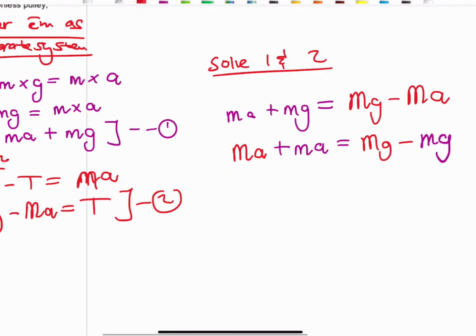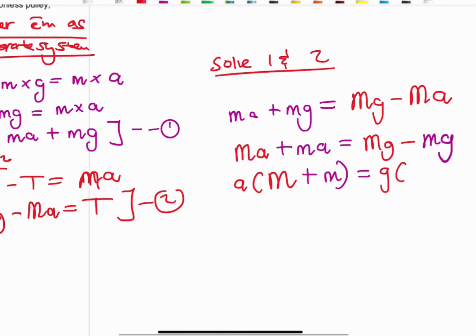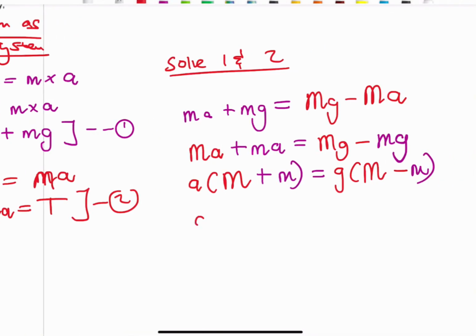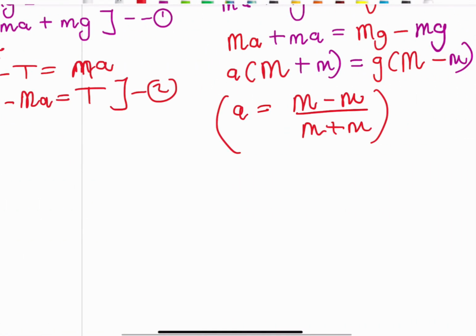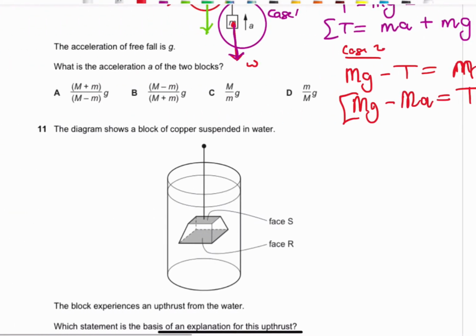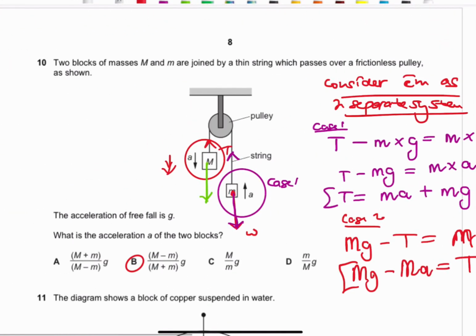Here we can factor out a, and we'll be left with the big M plus the small m, and this should be equal to, if you factor out g, the big M subtract the small m. So the value of a will just be M minus m divided by M plus m, multiplied by g. This is my formula for the acceleration. The answer for number 10 is going to be B.